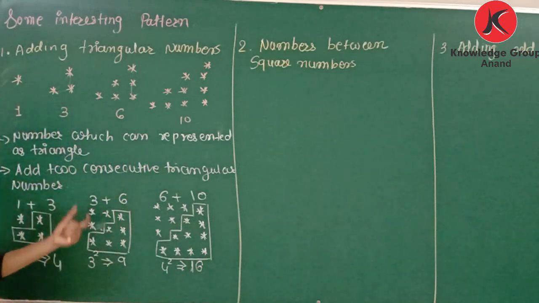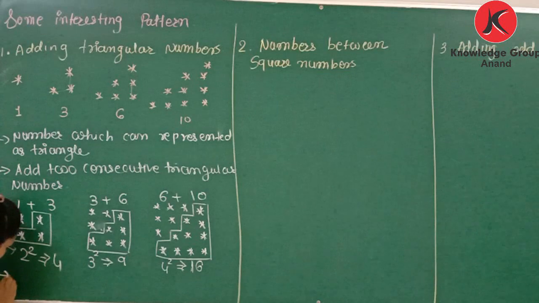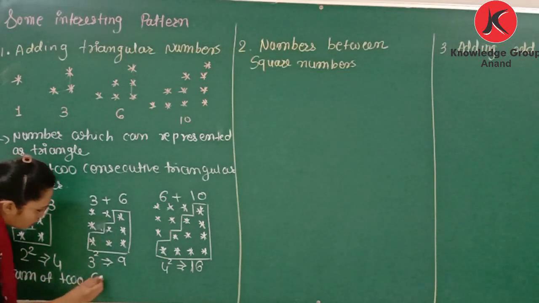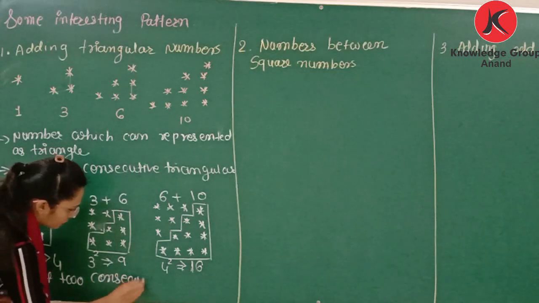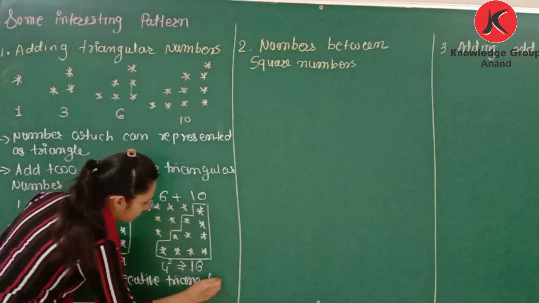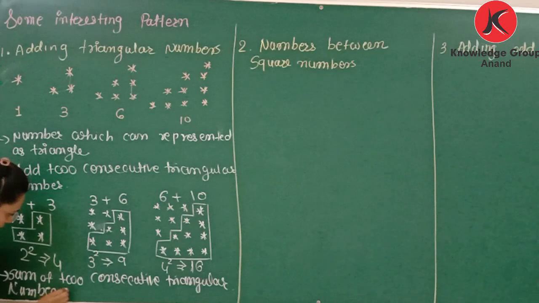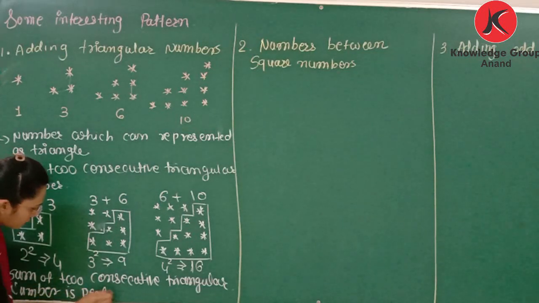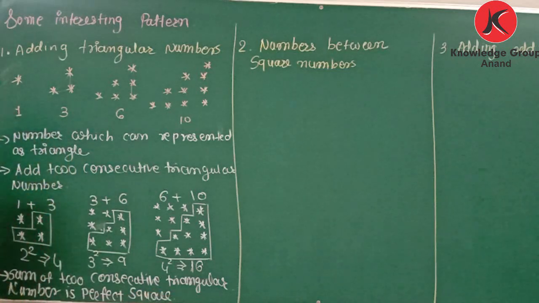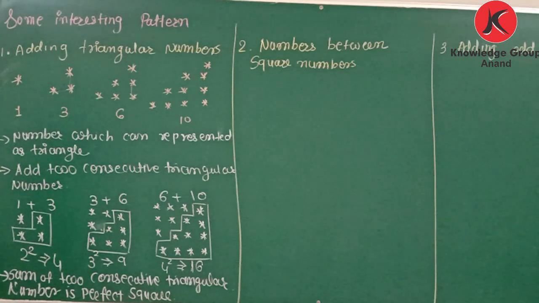So you can write sum of two consecutive triangular numbers is a square number. Sum of two consecutive triangular numbers is a perfect square. If you add any two triangular numbers that are consecutive, then it gives a perfect square number.